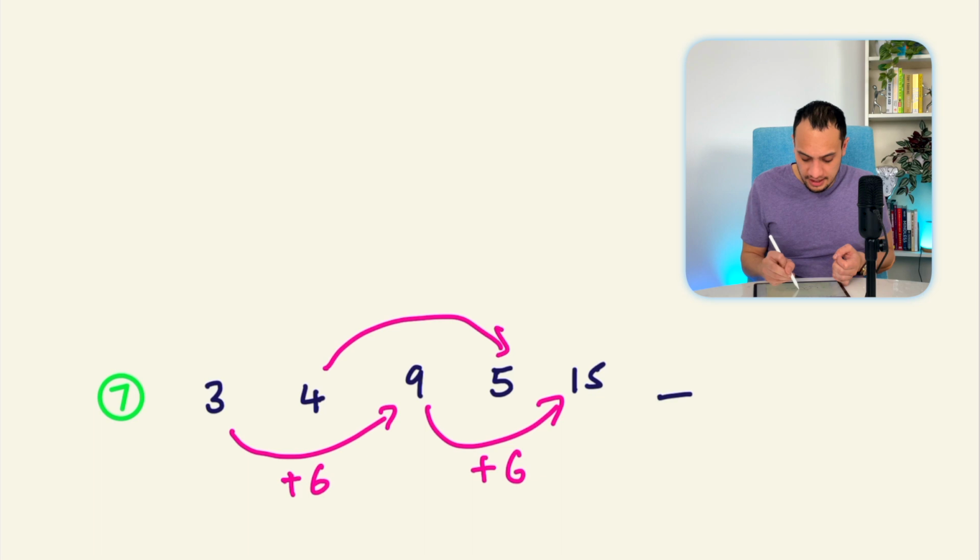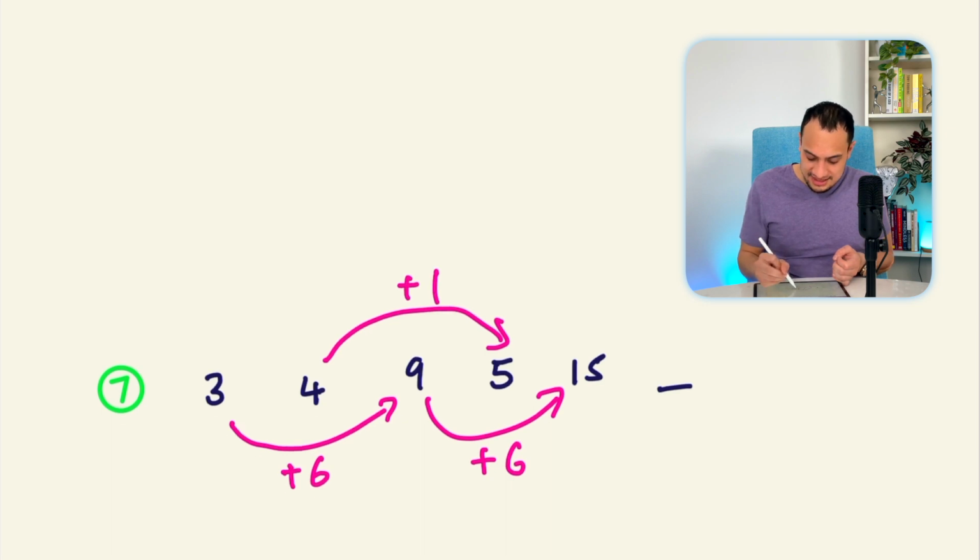So we're going to have something else happening with our even terms. We've got 4 to 5, which is plus 1. And then this is our sixth term, so that's going to be an even term, part of the even term pattern. And here we're going to have plus 1. So it will be 5 plus 1, which is 6.